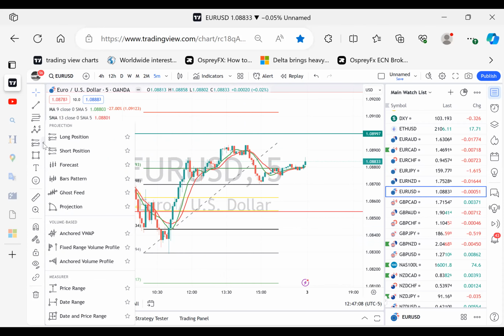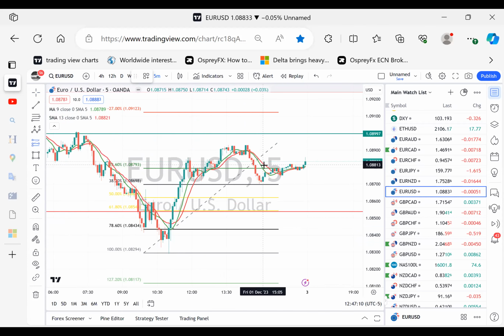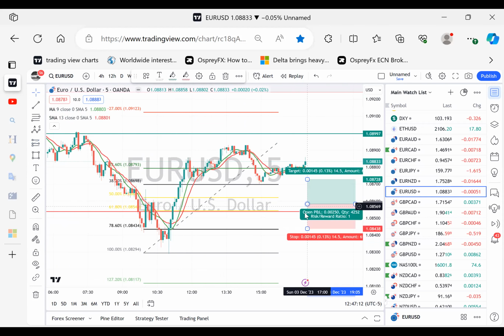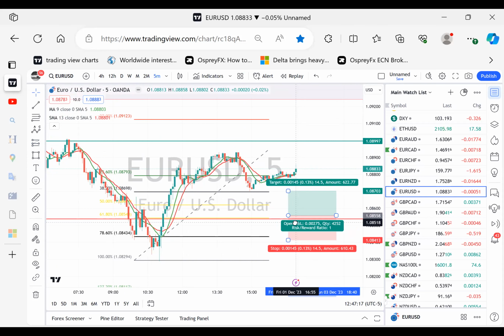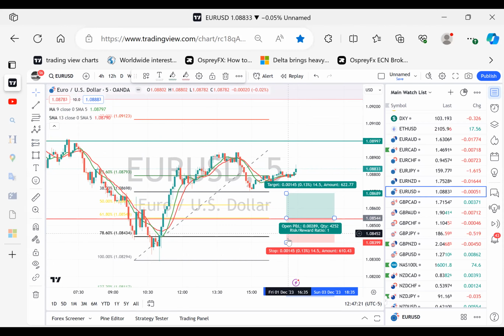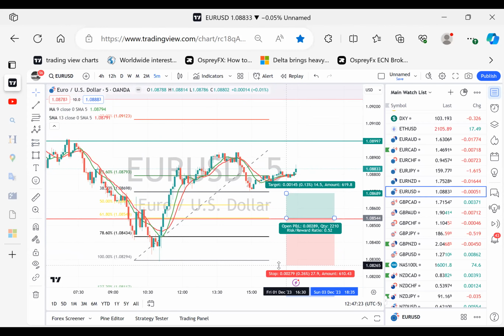And this is where y'all have to understand that you can't be a greedy person, right? It's not cool to try to take all the chips. You know what I'm saying? This is a 27 pip stop loss.